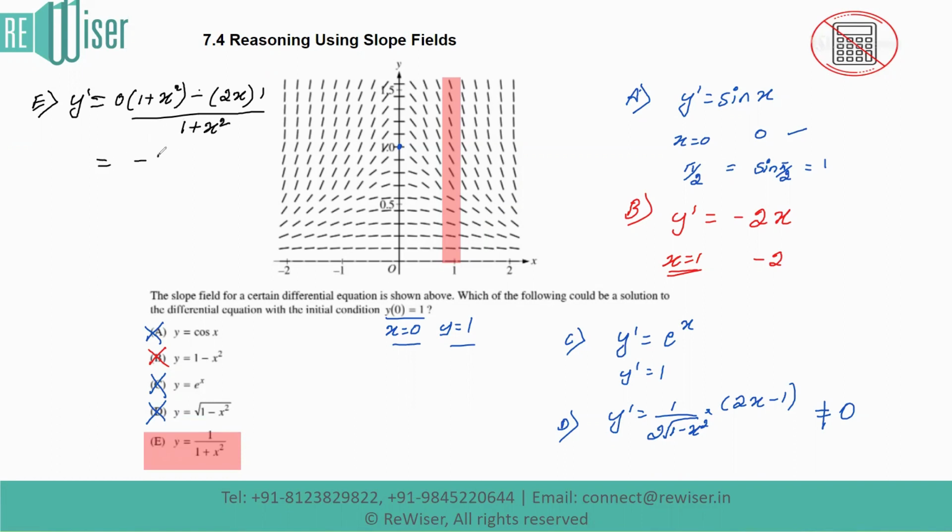If I simplify this, it is going to be minus 2x over 1 plus x squared whole square.